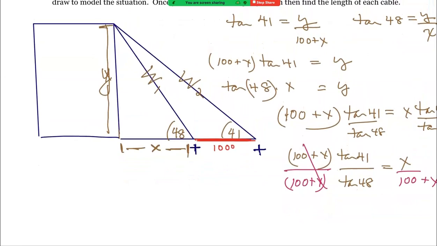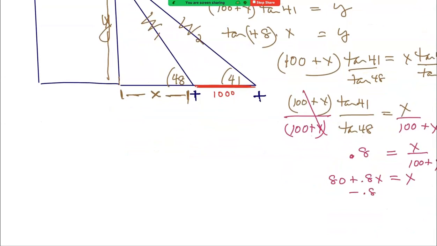Okay, tan 41 over tan 48 in your calculator, that's going to equal 0.8. So 0.8 equals x over 100 plus x. Do your cross products. 0.8 times 100 is going to be 80 plus 0.8x equals x.